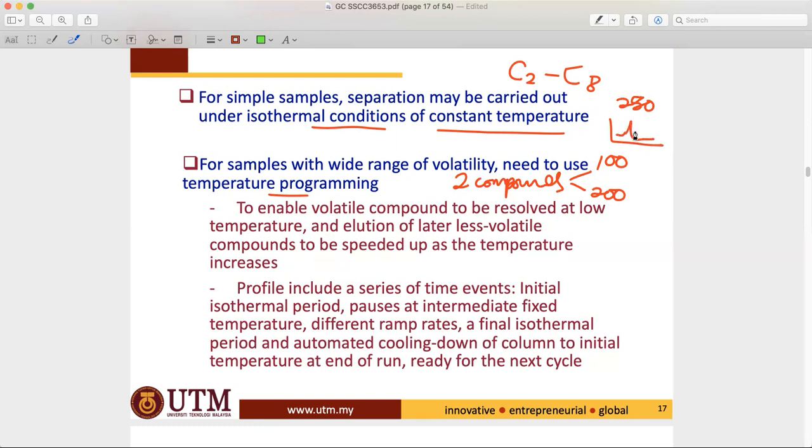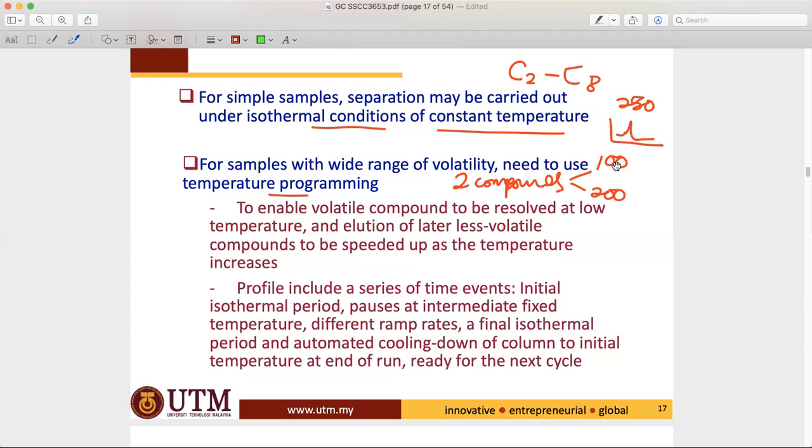So the first compound and the second compound tend to combine because both compounds vaporize at the same time. Okay, it vaporizes at the same time means that it will elute also during the same time.